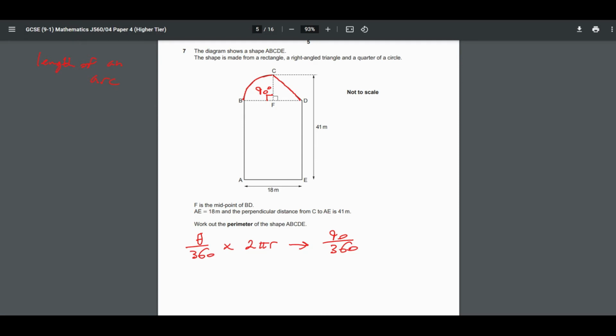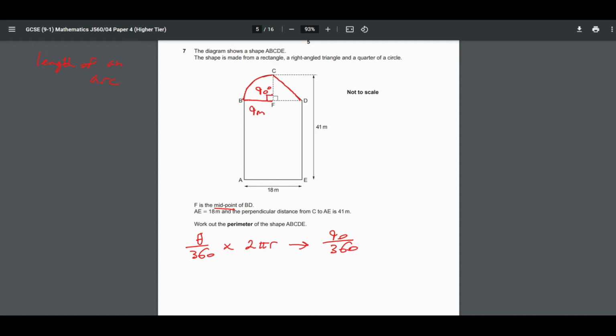The clue in the question is that F is the midpoint of B to D. So F being the midpoint tells us that if B to D is 18 meters, then B to F is 9 meters.